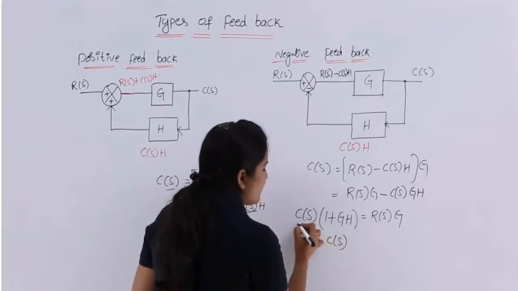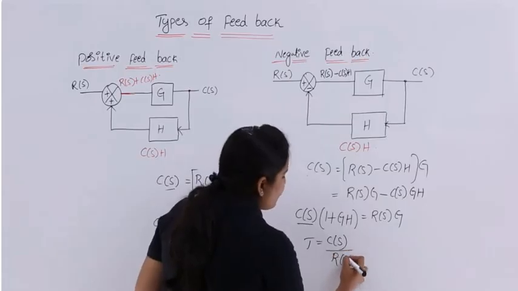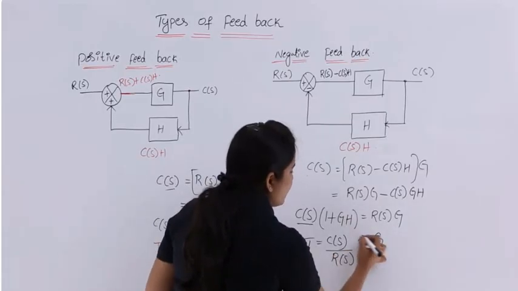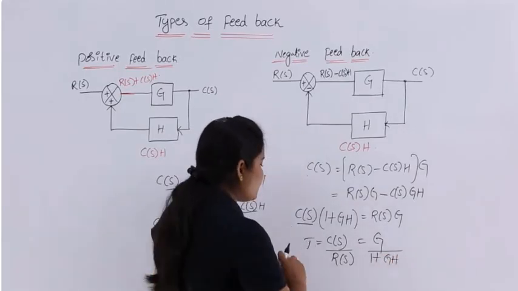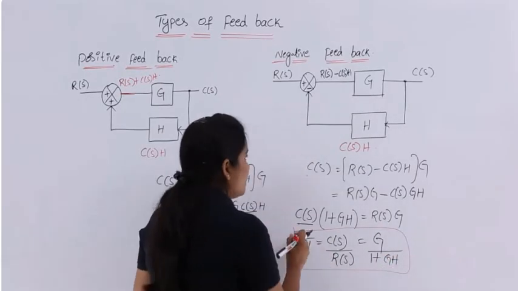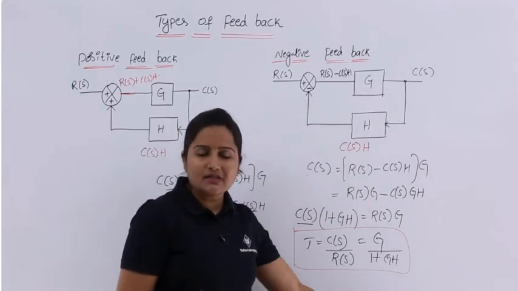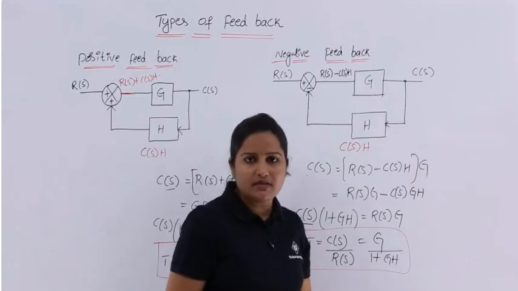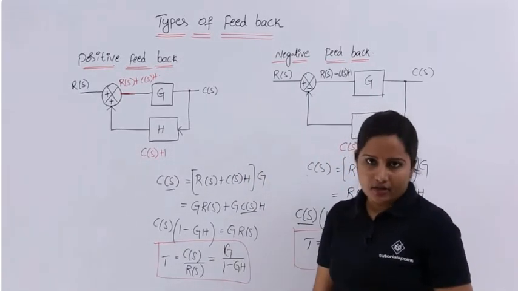Our output transform is C(S), and I am sending R(S) to this side. So I get G by (1 plus GH). This is the transfer function of a negative feedback control system, just as the earlier one is the transfer function of a positive feedback control system.